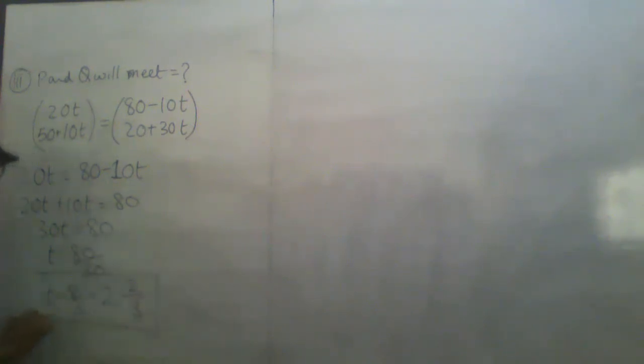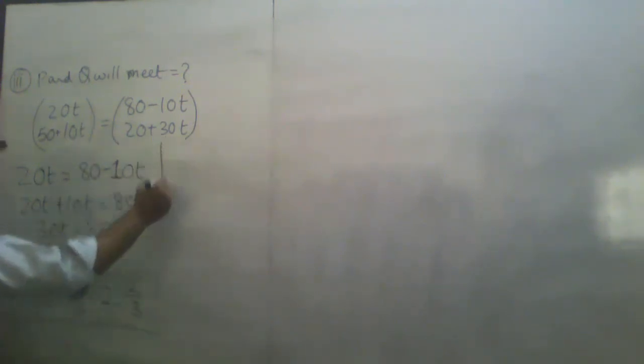That's the value of t which I have got when I compared the first one. If I get the same thing by comparing the second, it means they are going to meet.